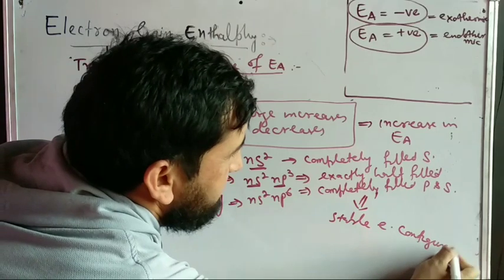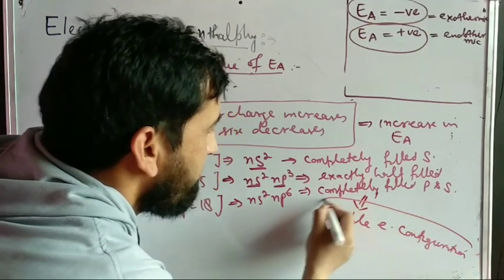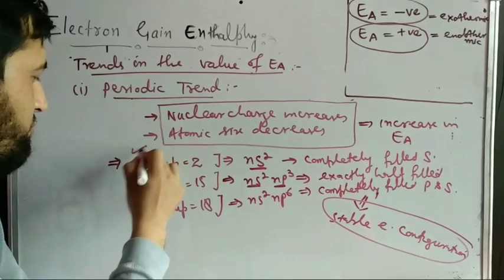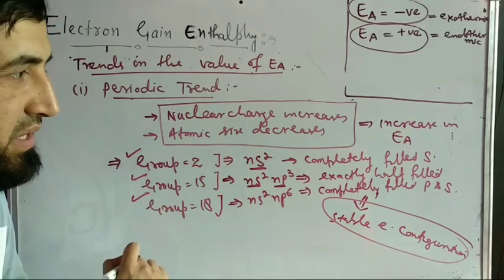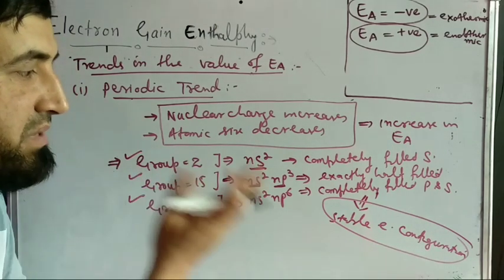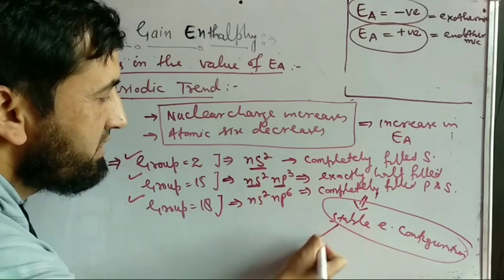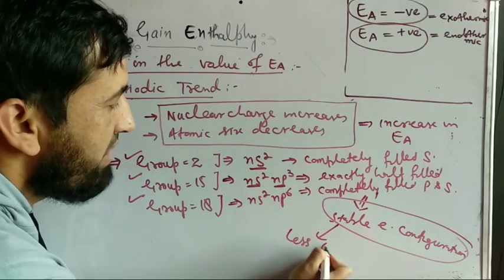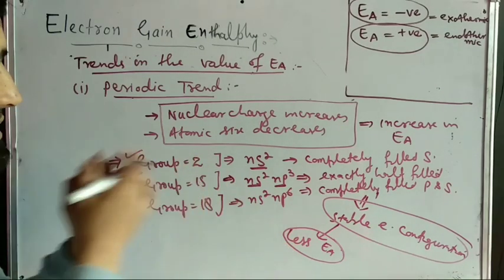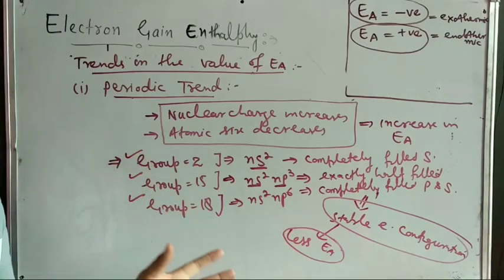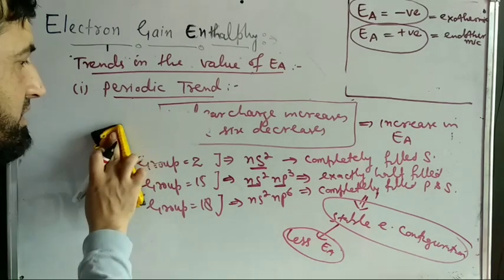Thus, the elements of group 2, group 15 and group 18 have stable electronic configurations, and elements with stable electronic configurations have lower values of electron gain enthalpy. So that's why the elements of these groups show anomalous behavior in their respective periods.